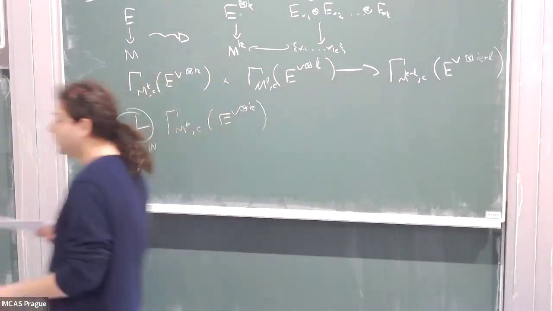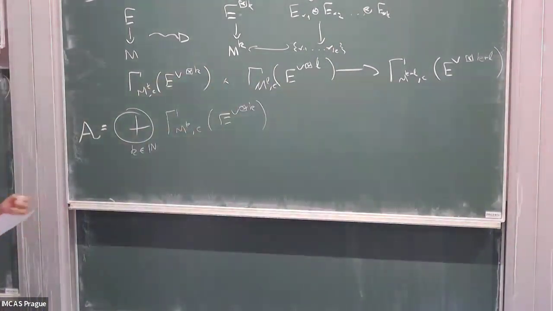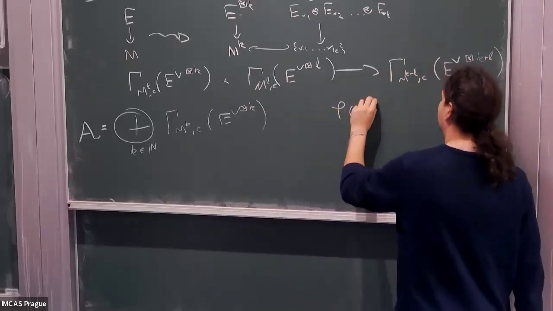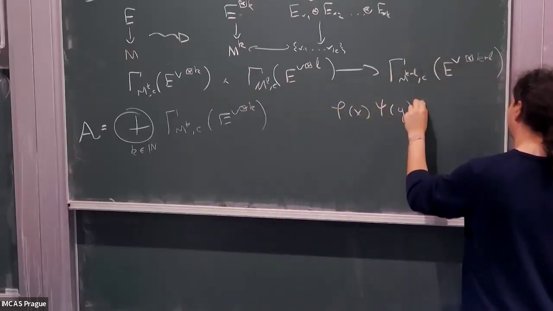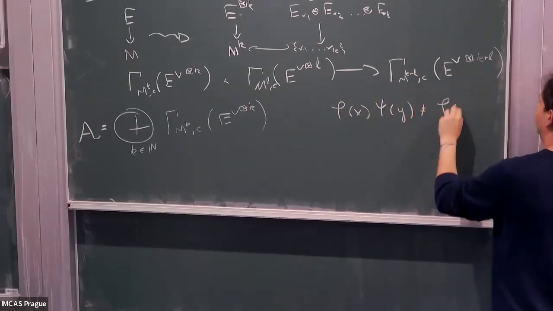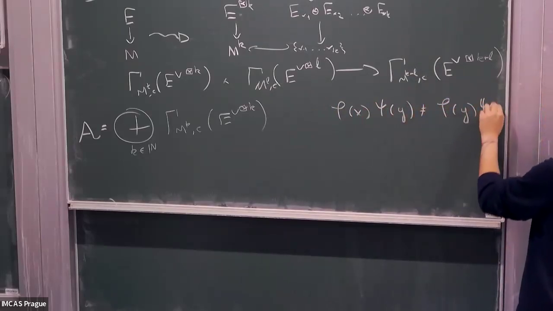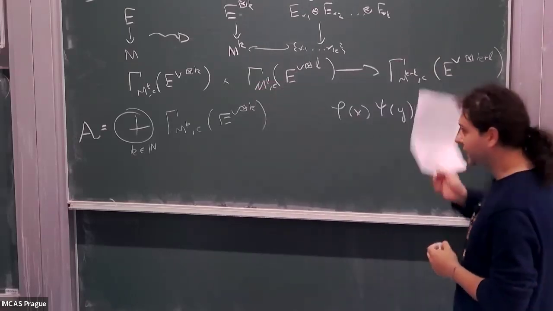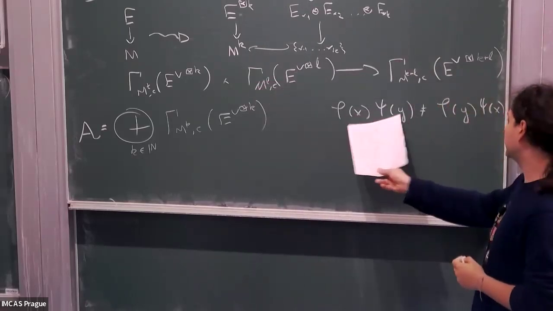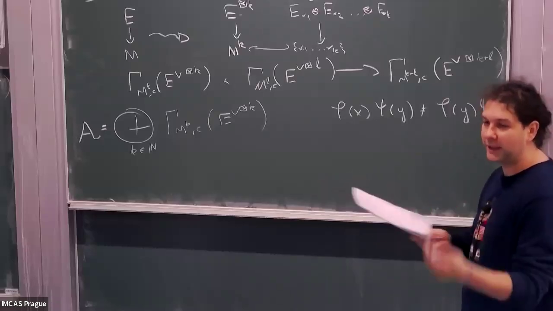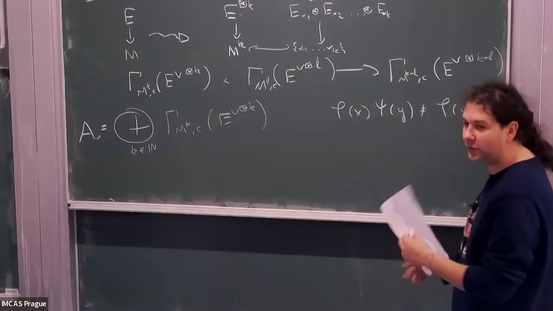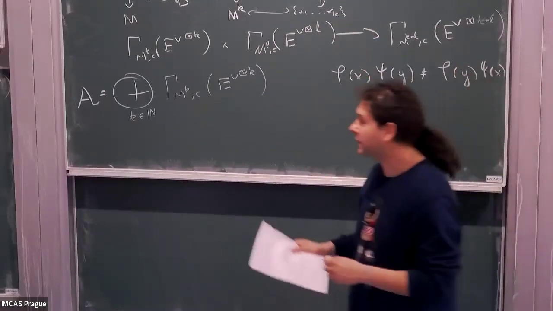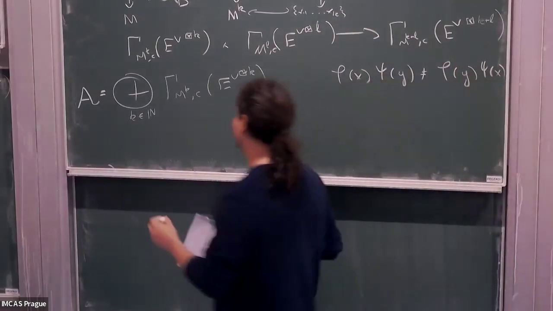The problem is that this algebra is not commutative, basically because phi of x, psi of y is not the same thing as phi of y, psi of x. However, this difference is purely on the level of sections. If we integrate against this or we integrate against this, it doesn't really change anything. So this is a virtual difference, and the constructions we are going to do in the sequel are exactly to resolve this technical issue.